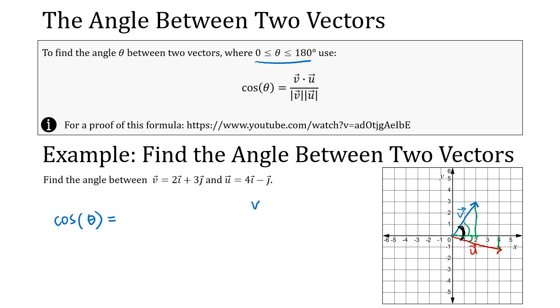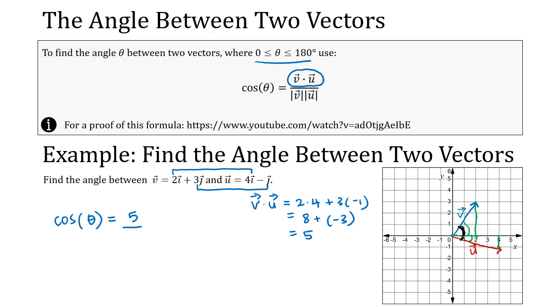The dot product between v and u, we learned, is the product of the horizontal pieces, so 2 times 4, and then we add to that the product of the vertical components, so 3 times negative 1. And so that gets me 8 plus negative 3, which is 5. So up in my numerator, where I found the dot product, I'm going to put a 5.